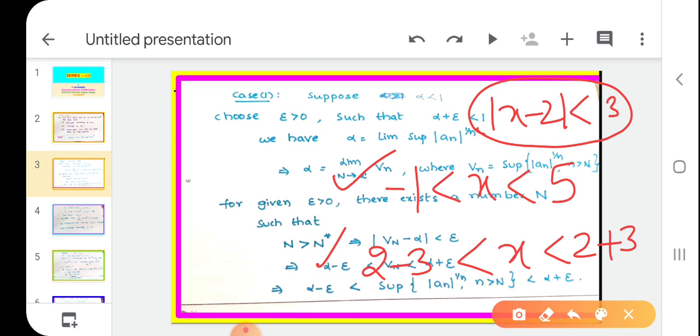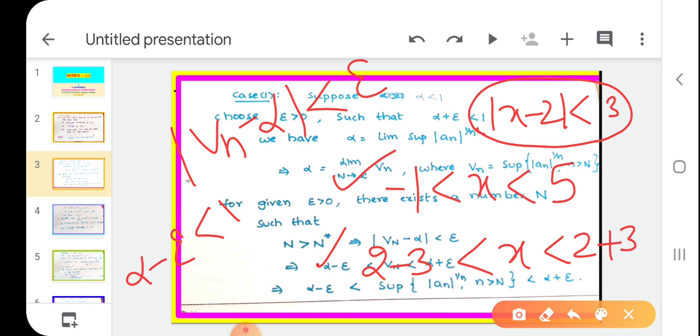If mod x minus 2 less than 3, then x lies between 2 minus 3 and 2 plus 3. Similarly, what do we have here? Mod Vn minus alpha less than epsilon. Where we put alpha in place of 2 and epsilon in place of 3. What we get? Alpha minus epsilon less than Vn less than alpha plus epsilon.